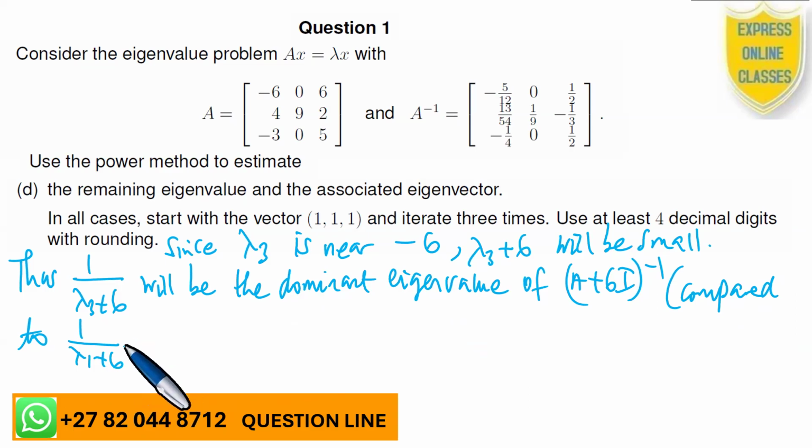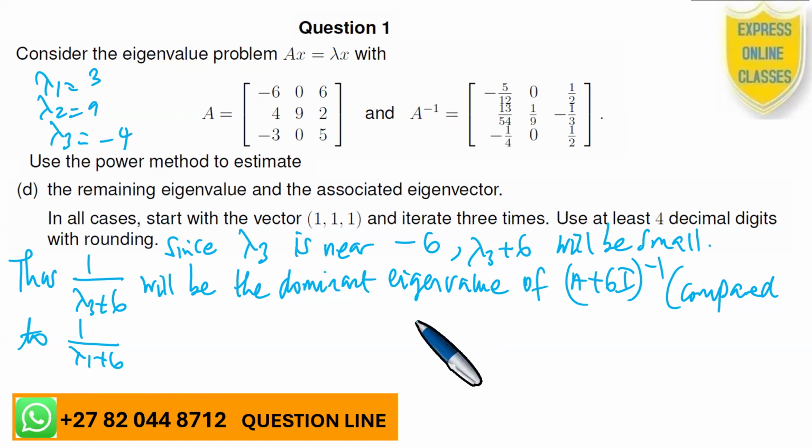The 1 over lambda 3 plus 6 will be large because we dealt with lambda 1, say 3, lambda 2, 9, and then lambda 3, minus 4.